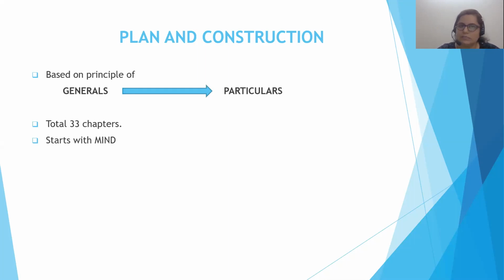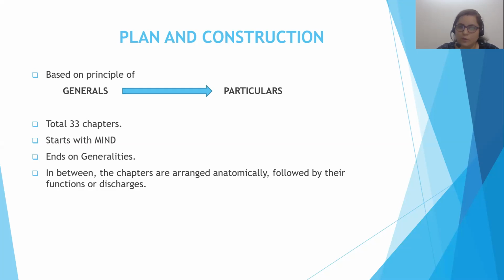You'll find, since the generals carry an importance in Dr. Kent's repertory, mental symptoms carry a great importance in Dr. Kent's repertory. So this repertory starts with mind and it ends with generalities. That doesn't mean that generals have been put last. No, actually in Dr. Kent's repertory, you'll see it starts with mind. Then after that, all the other chapters are arranged anatomically.